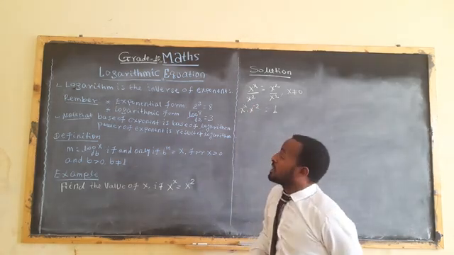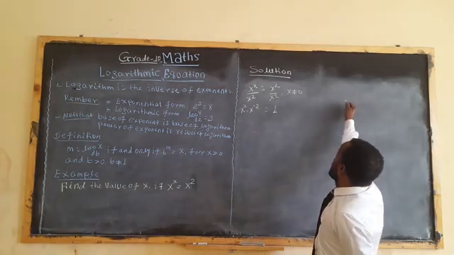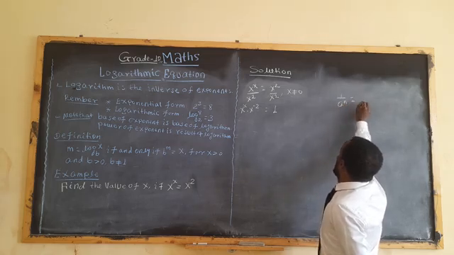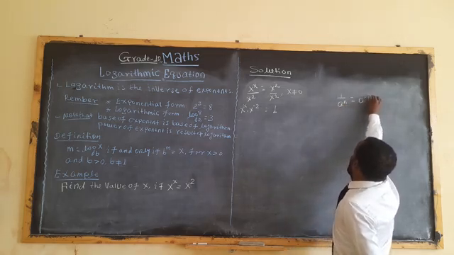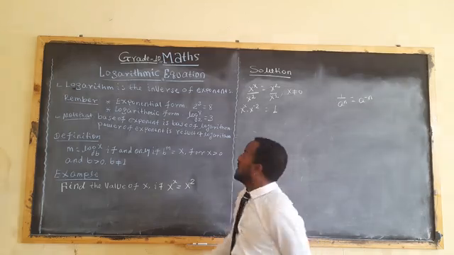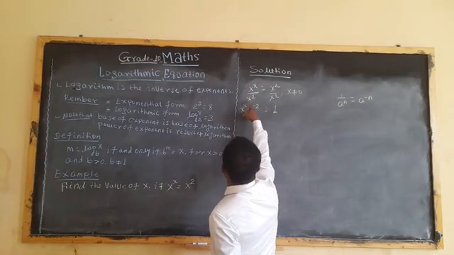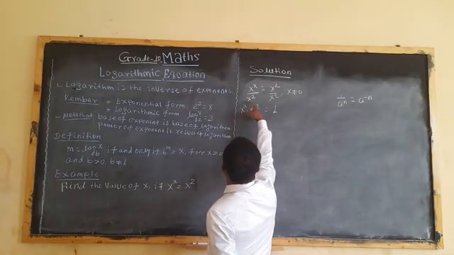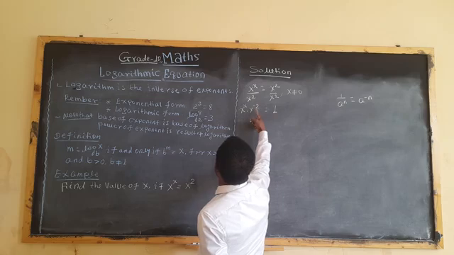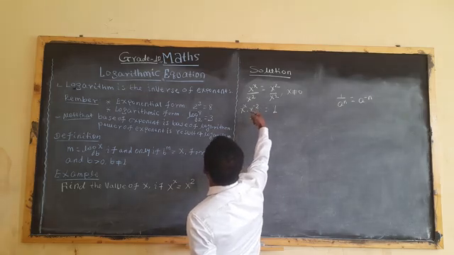Because in exponential equation, remember the rule of 1 over a to the power of n, which is equal to a to the power of minus n. This is a rule of exponential equation. Having this, when we take it to the numerator part, the exponent changes from positive to negative.